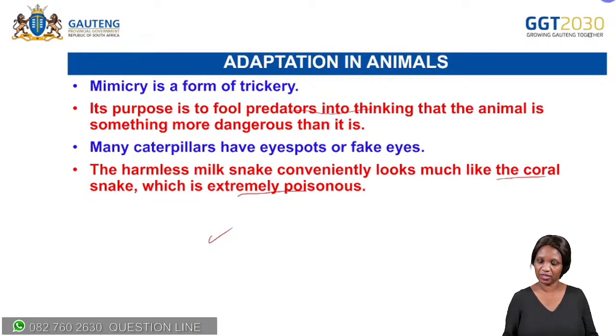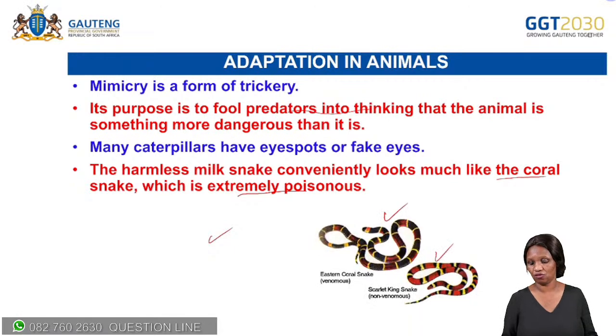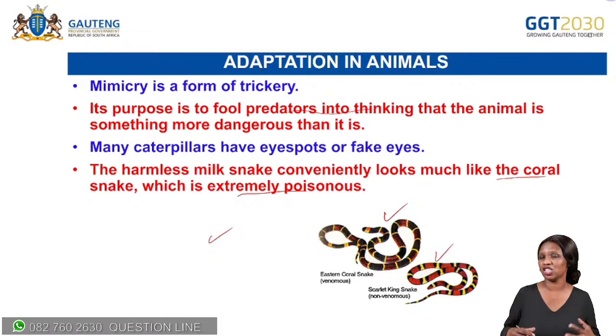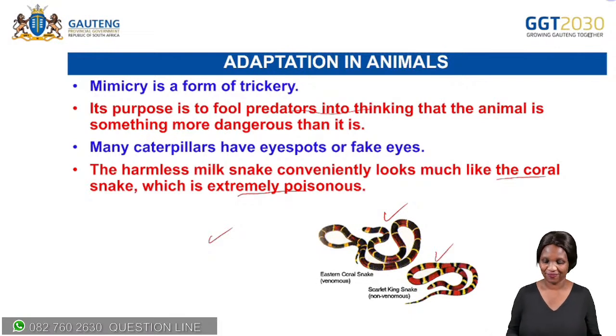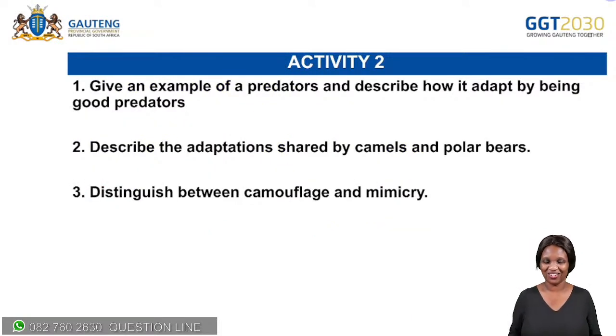Look at them. They look similar. Right. That is mimicry. That is trickery. That is fooling other animals, especially predators, who would want to attack a non-venomous snake. Then they would think it is a what? A venomous snake. Do you see that? Interesting, isn't it? All right.